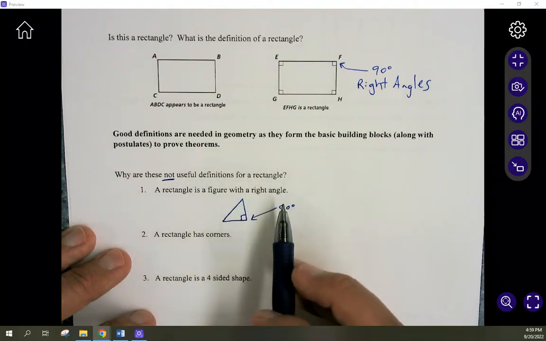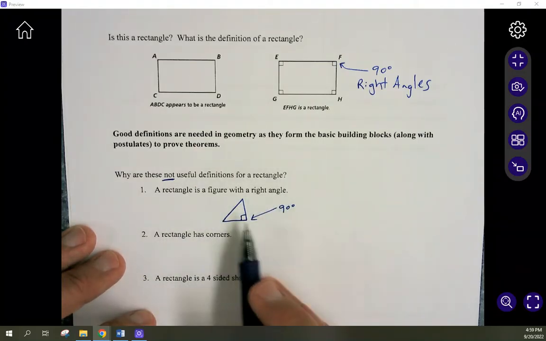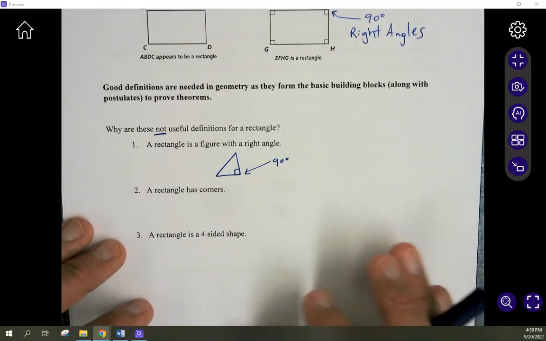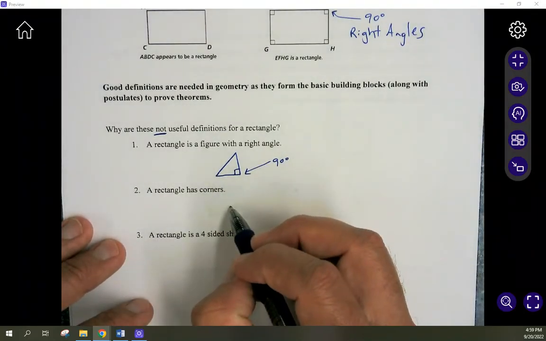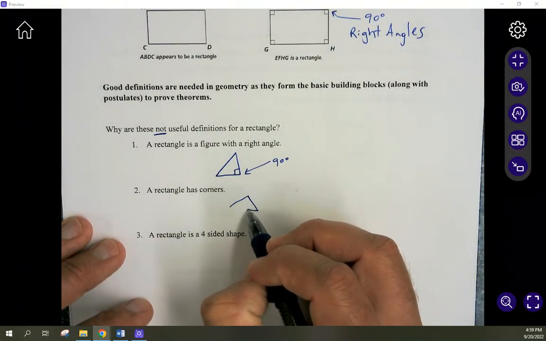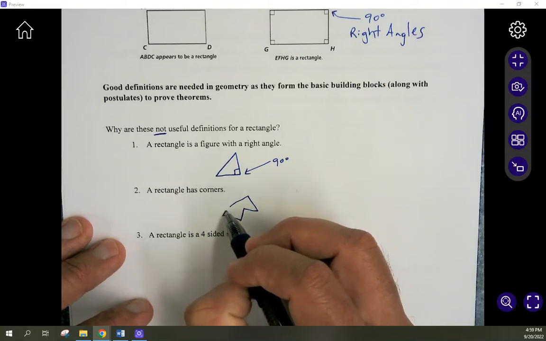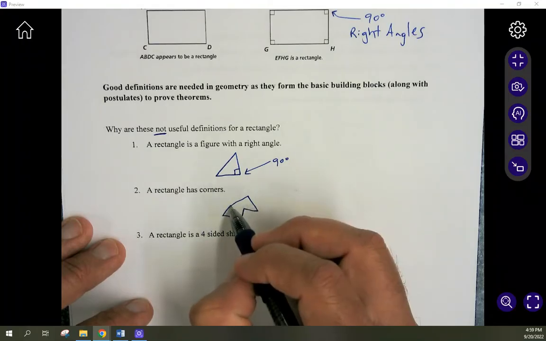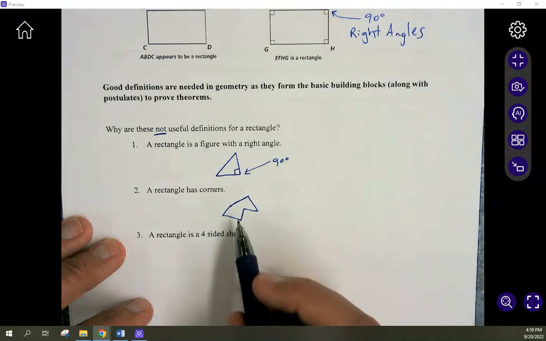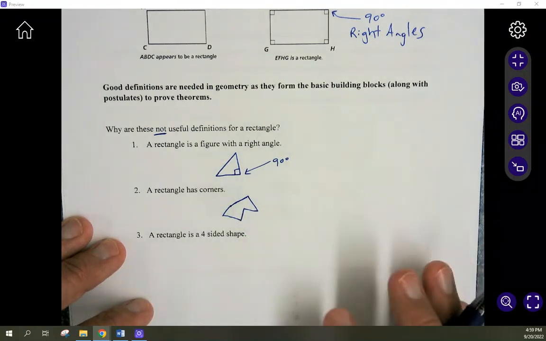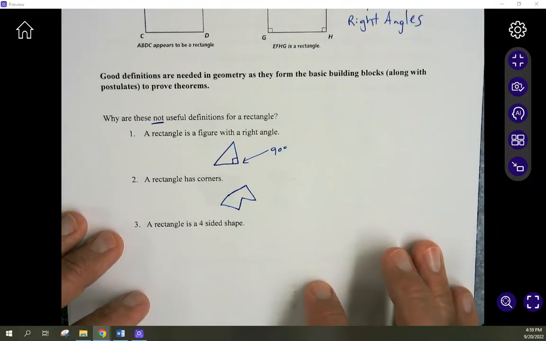Just saying that a figure has a right angle is not enough to call it a rectangle. A rectangle has corners. Well, I can draw a shape that has lots of corners. It's kind of an ugly looking shape, but it has corners. That's not a rectangle, so this is not a useful definition.